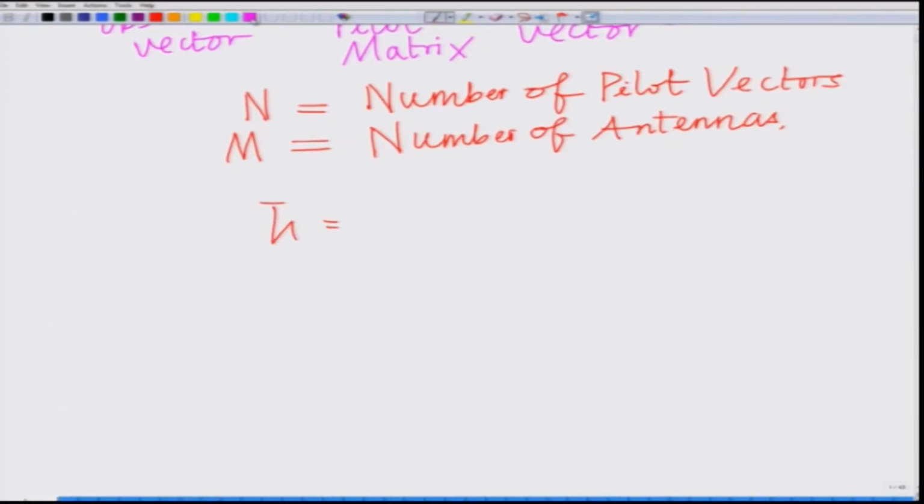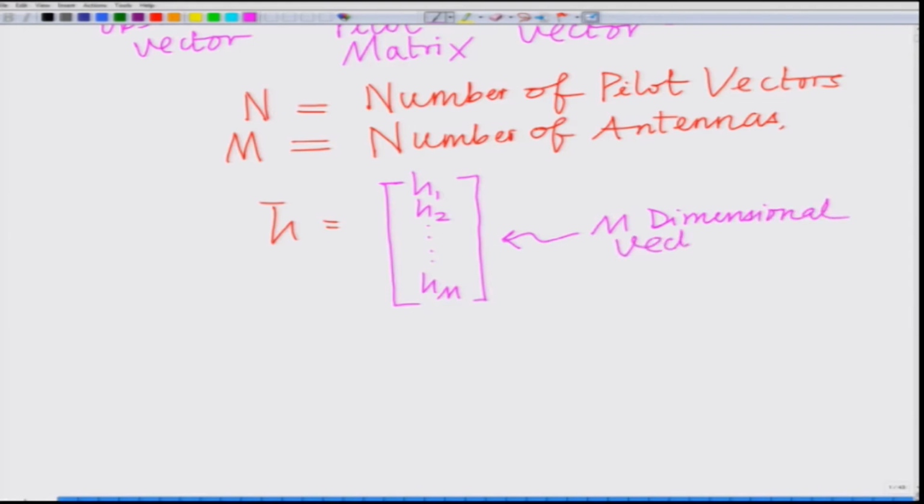H bar, if you recall, is basically H1, H2, up to Hm, this is your M dimensional vector. And therefore, we have a vector parameter.